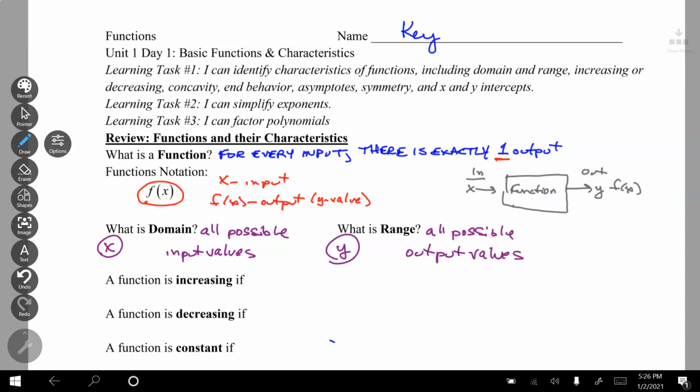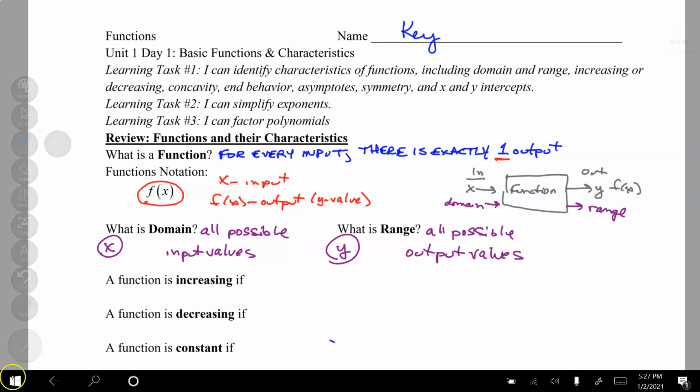So besides x goes in a function and y goes out of a function, we have domain goes in and range comes out, and this is all alphabetical. I comes before O, in and out, x comes before y, and D, domain, comes before R, range.